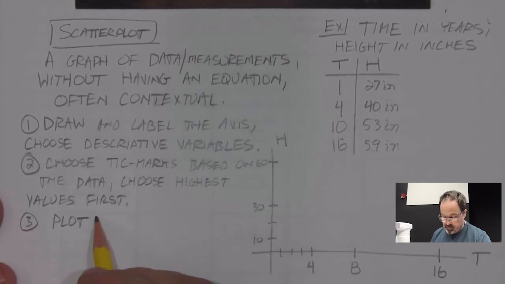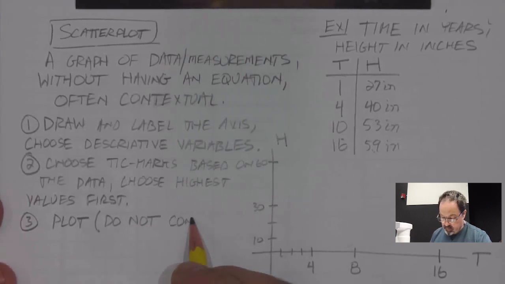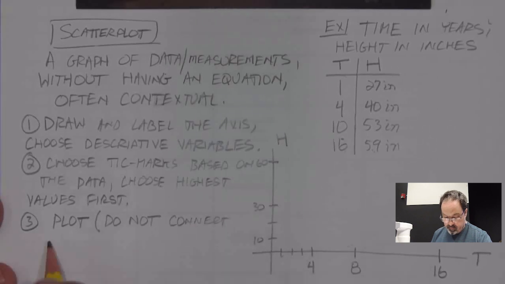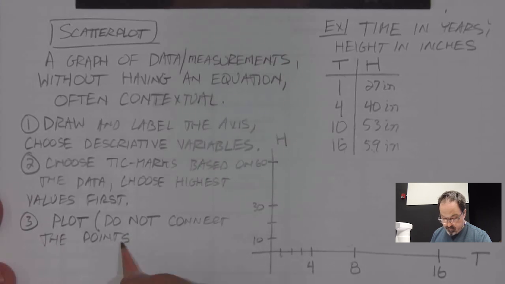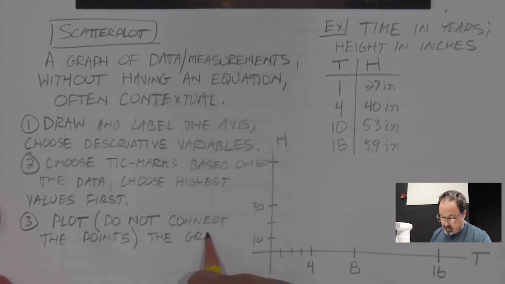And we have to make sure to not connect the lines with the points that we plot. So we're going to say, do not connect the points. And that's because the graph represents information, just these numbers.